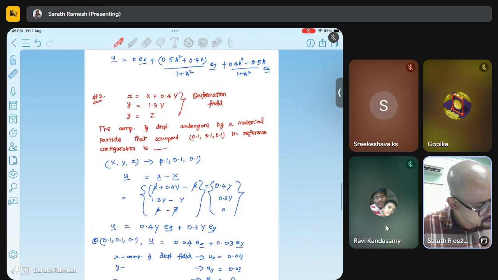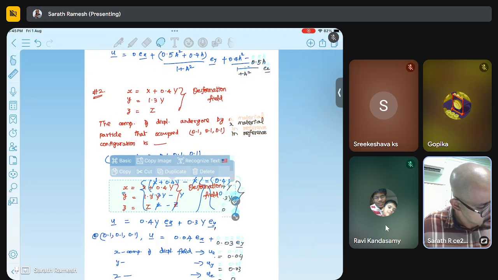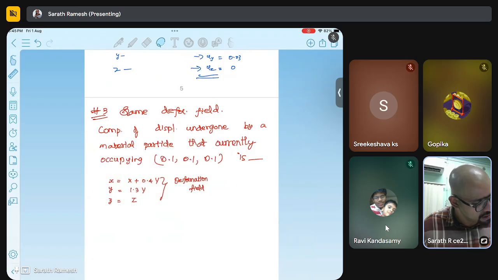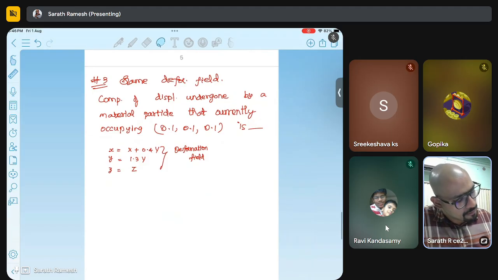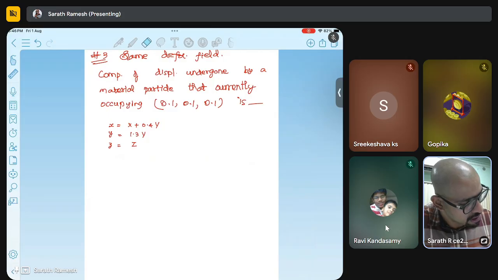Same deformation field, let me copy this. So we need to find the component of displacement for the particle that is currently occupying that point. We have to use basic algebra in order to replace this in terms of capital Y. Let's take this as equation number 1, equation number 2, equation number 3.